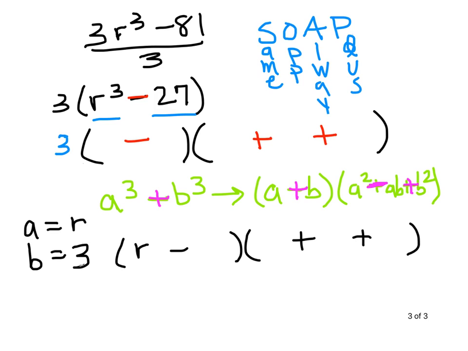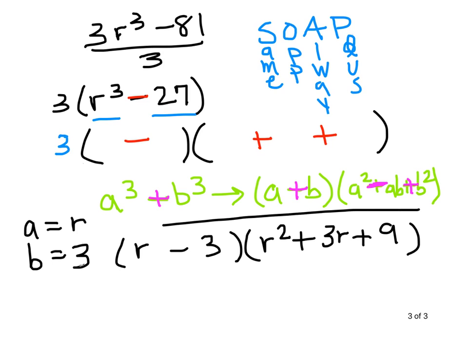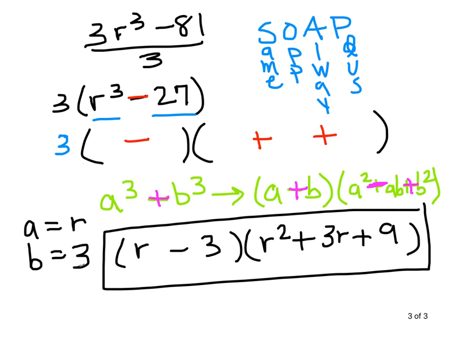So r minus 3, and then we're going to do r squared plus ab, so 3r, plus b squared, 9. So that is your final answer. Awesome.